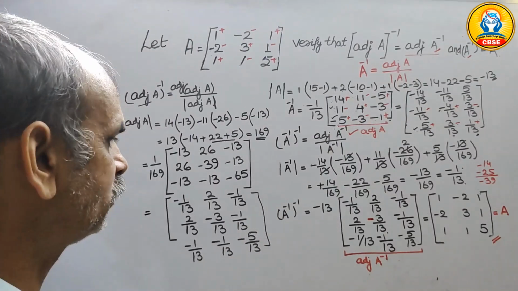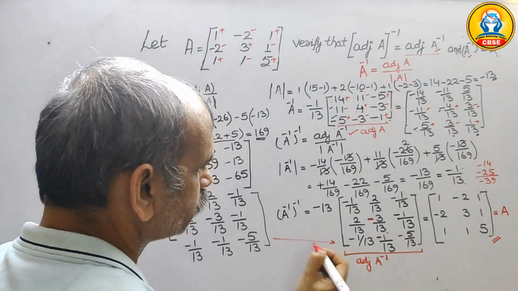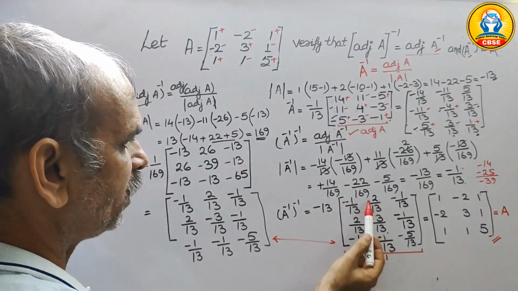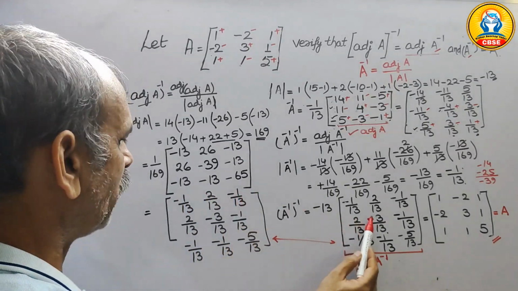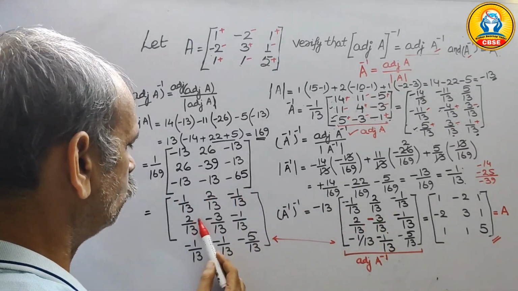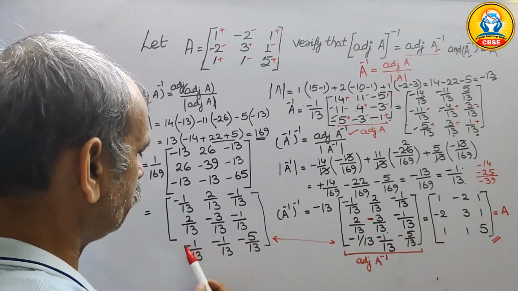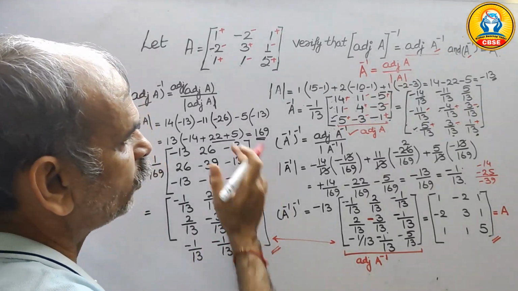Now if we check, this should be equal to this. See that: minus 1, 2, minus 1, minus 1, 2, minus 3, minus 1, minus 1, minus 5. So like this we have to prove it.